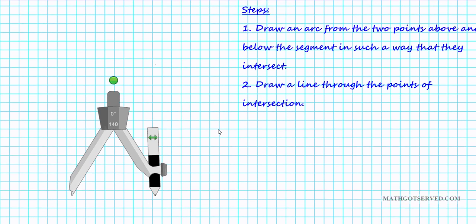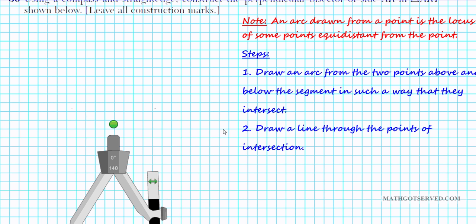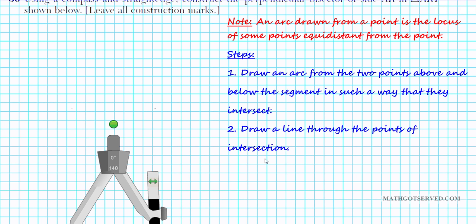All right, so let's take a look at the steps we're going to use to solve this problem. First, we're going to draw an arc from the 2 points. We're going to draw an arc above and below in such a way that the arc overlaps or covers the region where we suspect the midpoint of the segment is located.